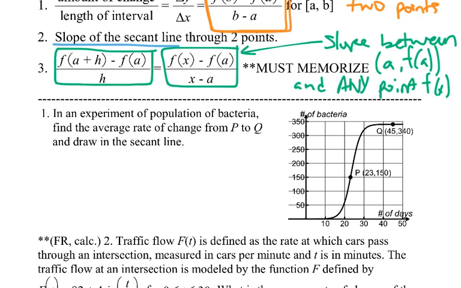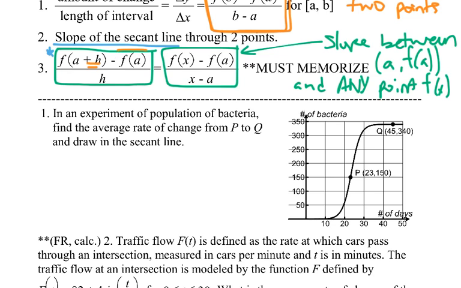And then this equation over here is the slope between point A and a point that is close to A, but it is h away. And the reason this equation for slope is useful is we're going to be able to adjust that other point by making h different values.